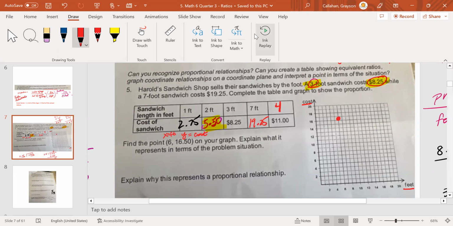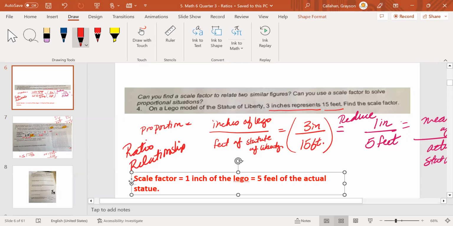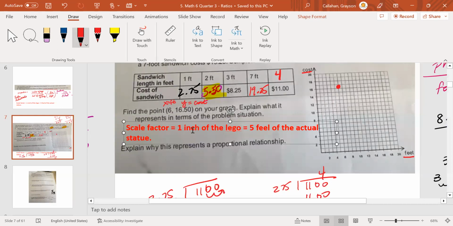Explain what it represents in terms of the problem situation. So what this means is 6 is the x value, which is foot of sandwich, right? 16.50 is the y value, which is the cost of the sandwich.